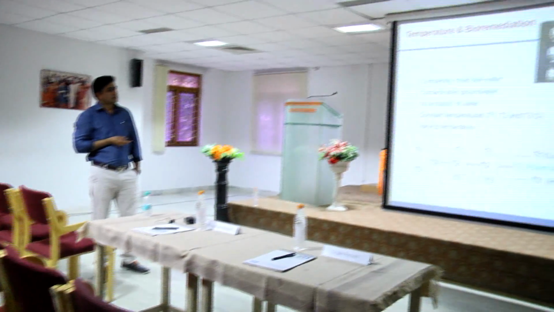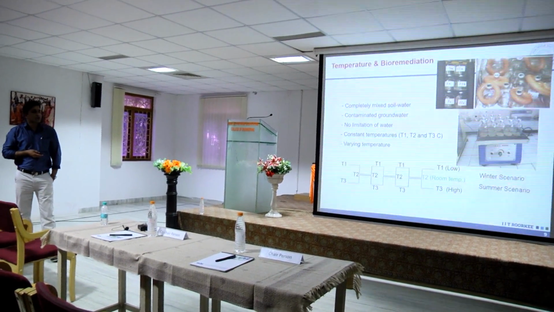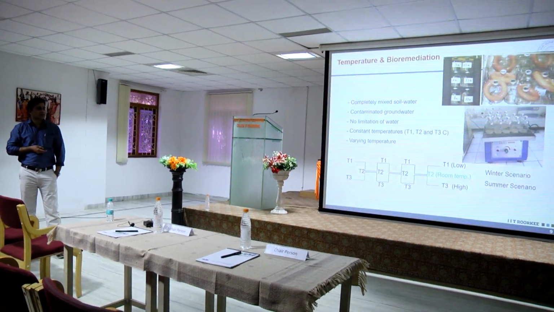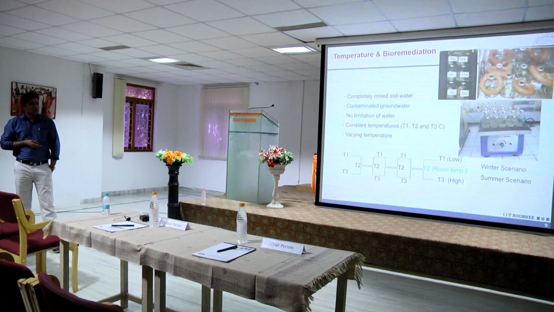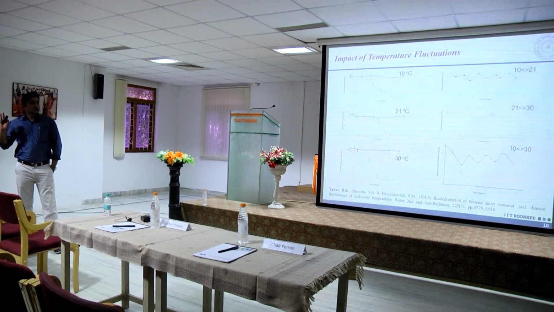So there is a diurnal fluctuation in the temperature, which has not been investigated by the researchers. So we are seeing different temperature variation by putting the microorganisms at two different temperatures to show a winter scenario or maybe the summer season, depending on the temperature which has been selected. Now these are the graphs, no need to panic.